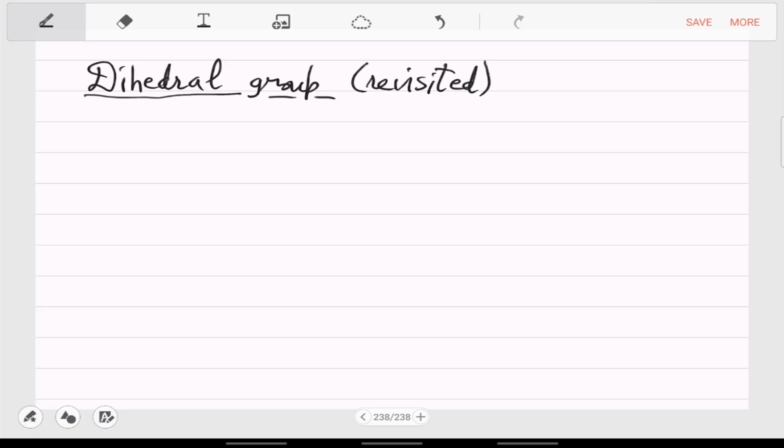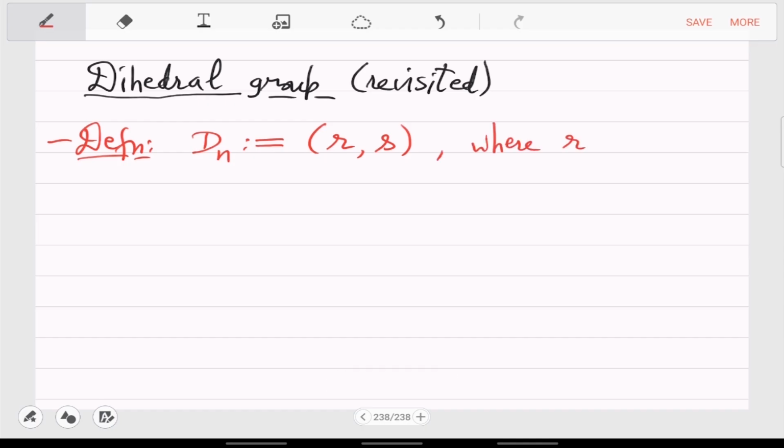So we have defined the dihedral group as the group of symmetries of a polygon. D_n was basically generated by two transformations of symmetry, where R rotates the vertices of an n-gon.